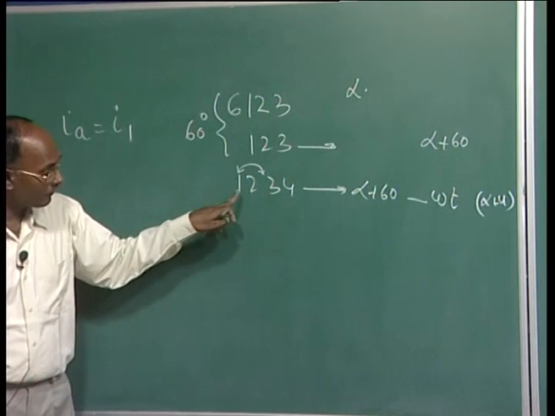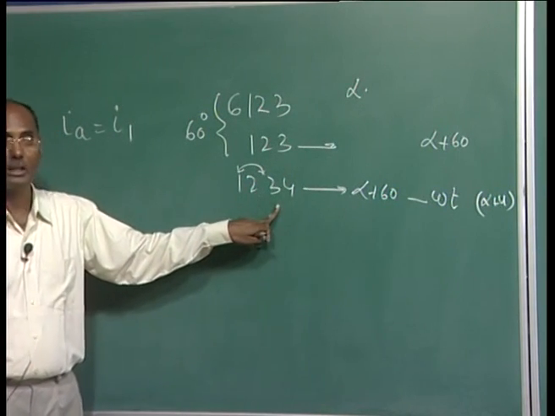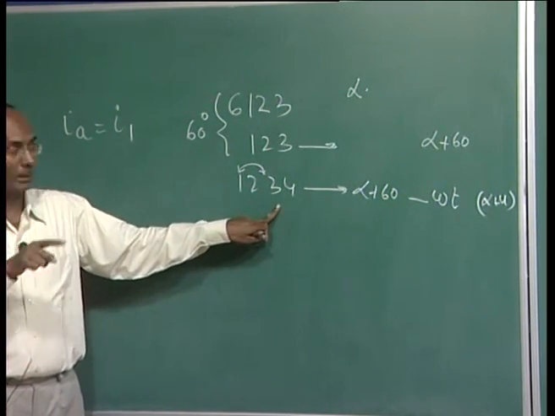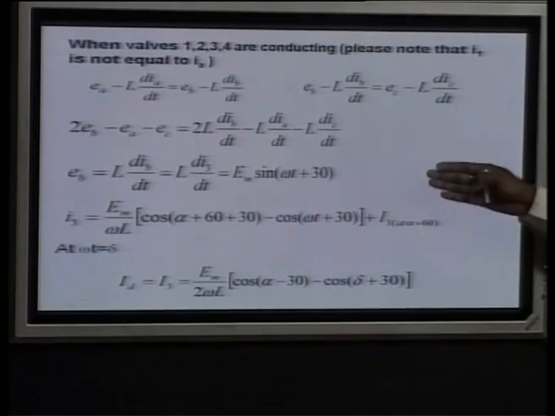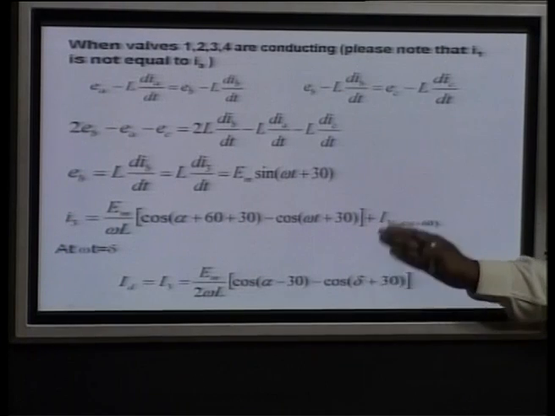At the end, 1 is off, and on the top only one valve is conducting, so this will be the I D current. From here you can simplify and get this expression.